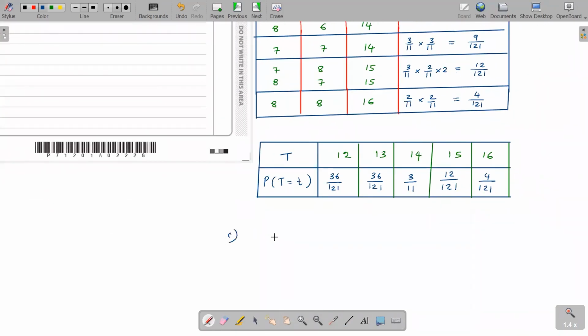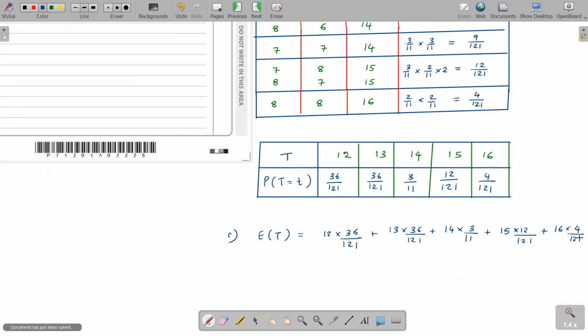Basically, you multiply the T value with the probability. 12 times 36 over 121 plus 13 times 36 over 121 plus 14 times 3 over 11 or 33 over 121, 15 times 12 over 121. Then 16 times 4 over 121.